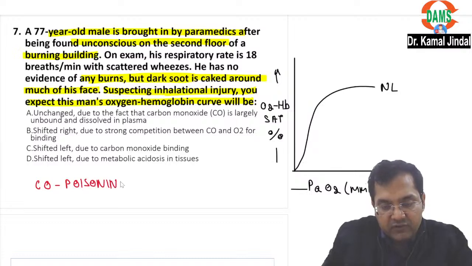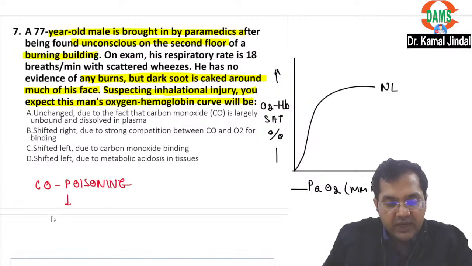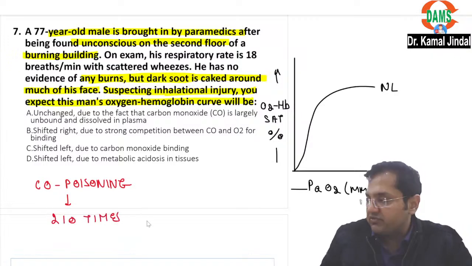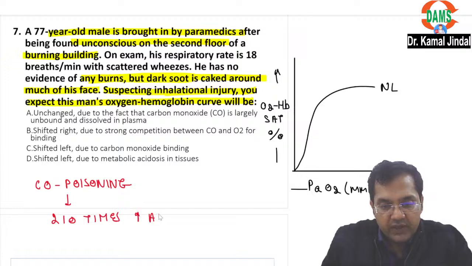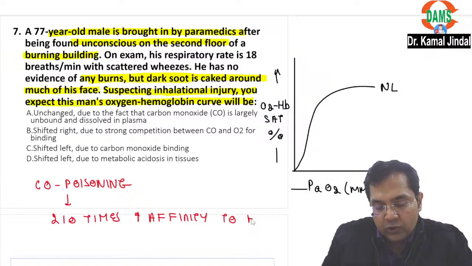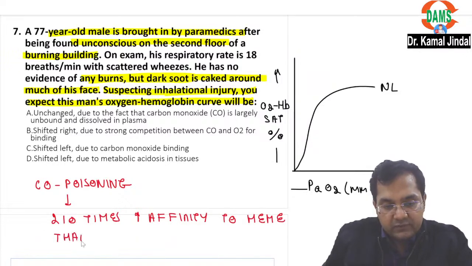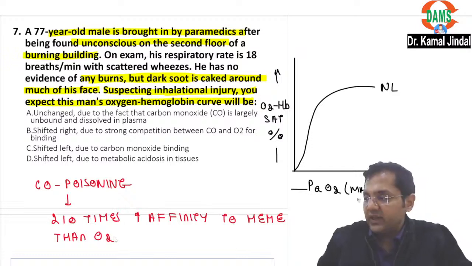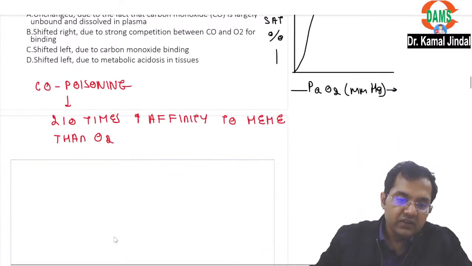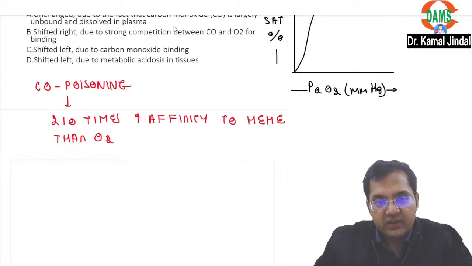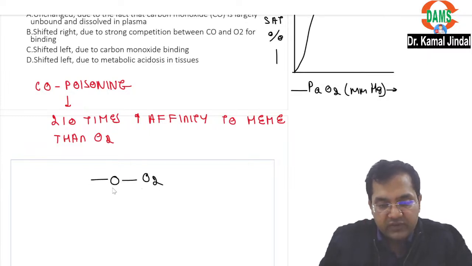First of all, remember carbon monoxide binds with 210 times, some books say 250 also, 210 times more affinity to the heme than oxygen, right? So what does it mean? Suppose this is my first heme to which oxygen binds.